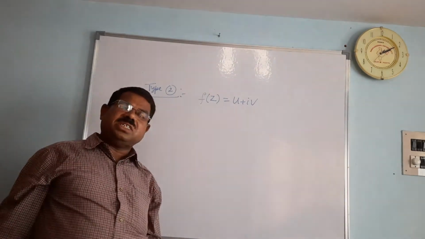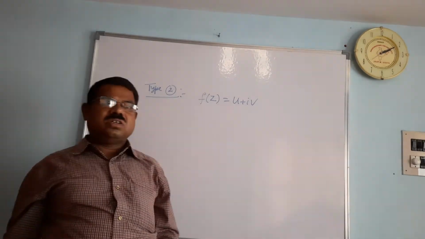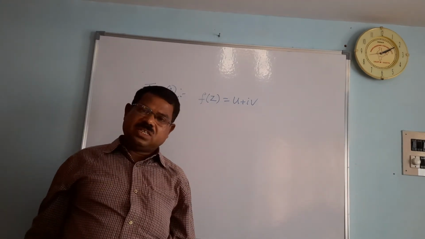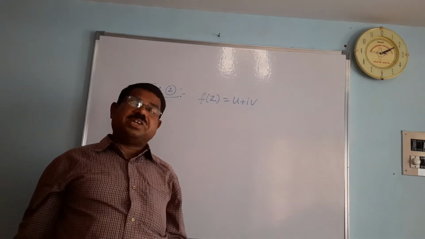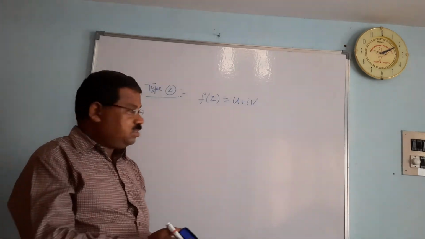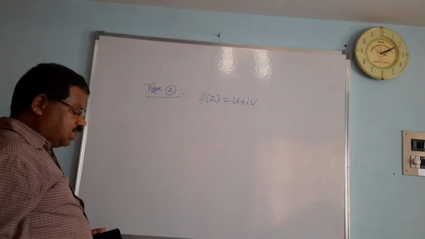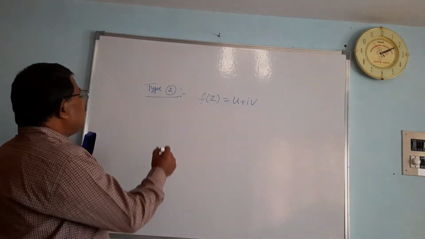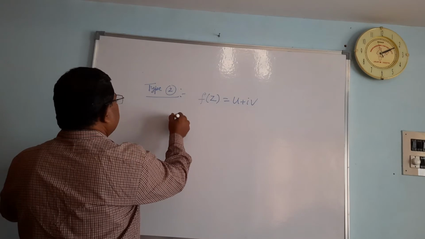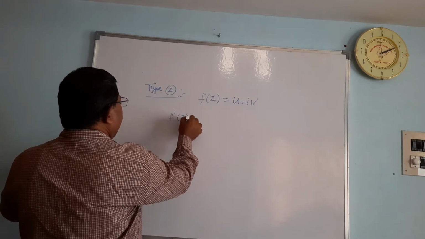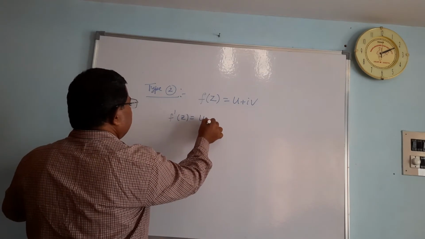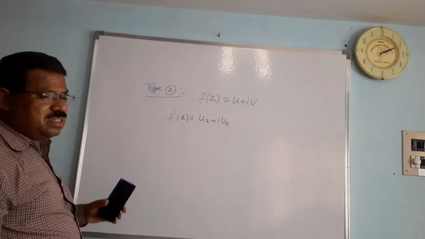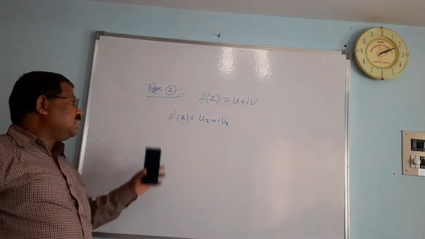Whether the given function is real, either u or v, construct the analytic function. And also you have to use the formula. In the previous problem, f dash z is ux plus ivx, right? We have to use this formula to find f dash z.